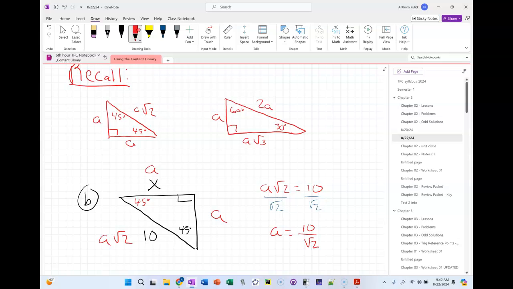Is that how we'd like to leave that answer? Probably not, right? What's wrong with this answer? Why don't we like it? Well, it is exact, right? There's no rounding that happened in there. But there's something visually about this answer that we probably don't like. The square root is in the denominator, right?